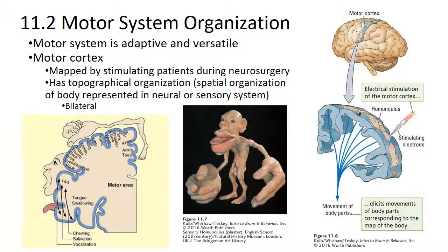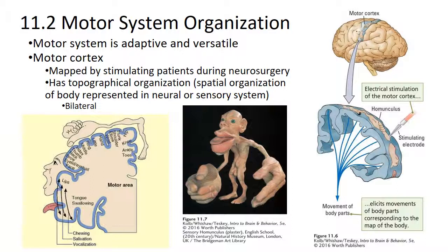The motor cortex has a topographical organization, which, if you remember from before, means a spatial organization of the body that's represented in neural or sensory systems. So, for example, if you look at this little image on the left here, in the motor cortex, the thumb is near each of the fingers.